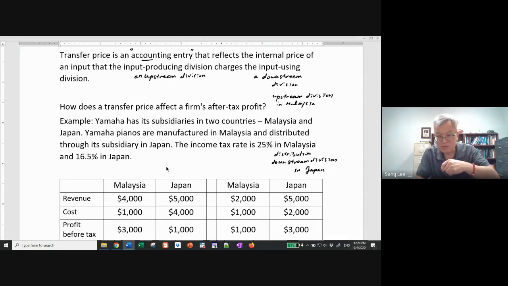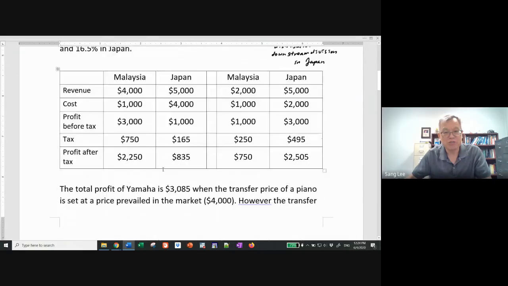When the income is earned in Malaysia, it is subject to a relatively high tax rate, 25%, and when the income is earned in Japan, the tax rate is relatively low, 16.5%. The following table shows two different scenarios. We're going to first focus on the first one.